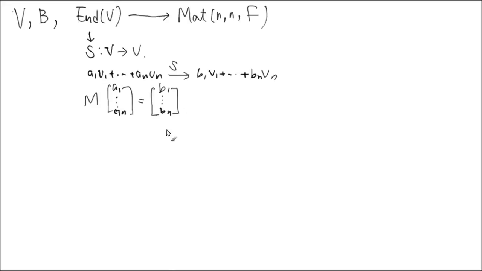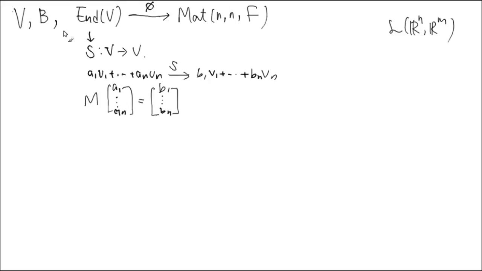So is there any problem with this? I described it as a phi. Remember phi? Phi was L of V, W. Then it was a matrix of n to m and things like that. Well, it was actually L of Rn, Rm. It's more specific. Any linear map from Rn to Rm is described as a matrix.